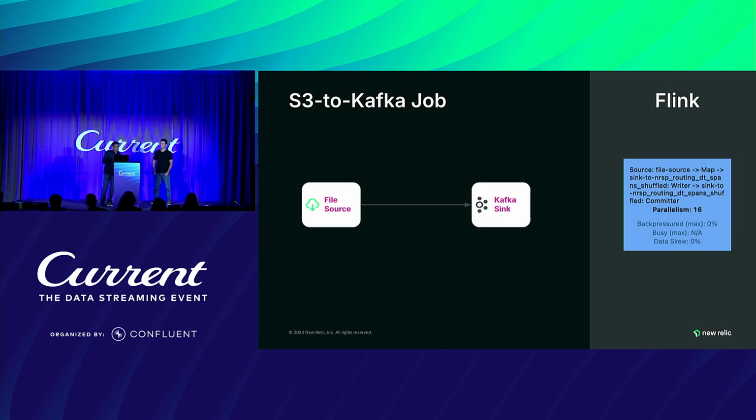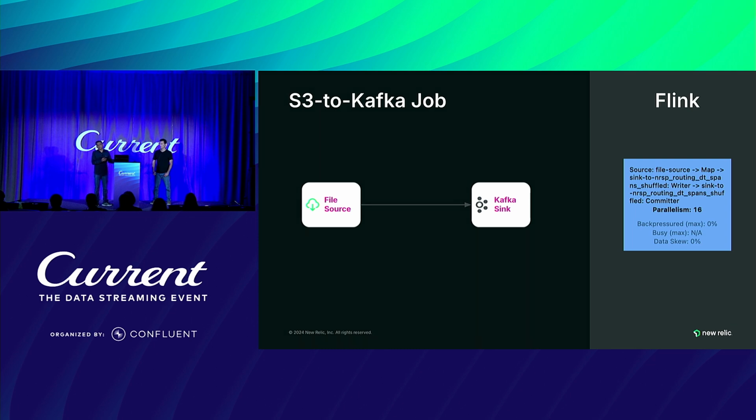Now let's take a look at the target job. This is the job that lives in the destination cells. We are using the file source operator. Again, it's provided by Flink. It's a native operator, but we had to do a lot of customizations on top of that. It is monitoring every 2 seconds.